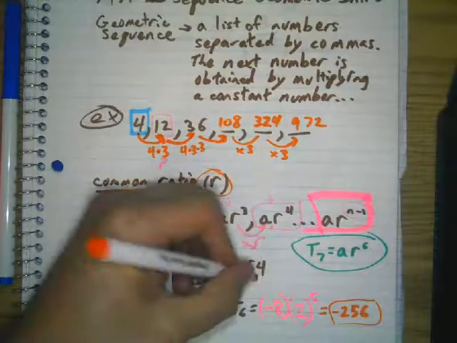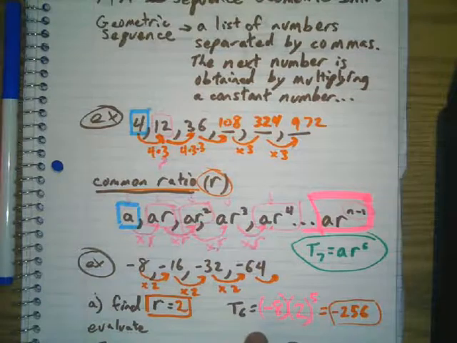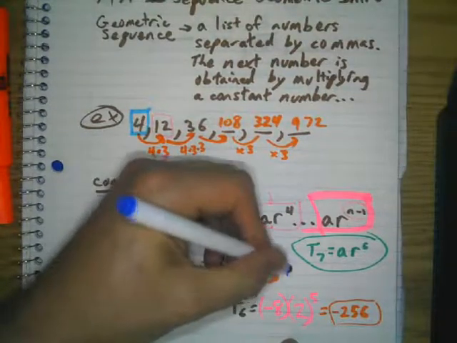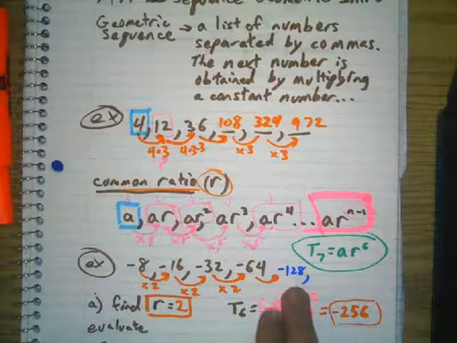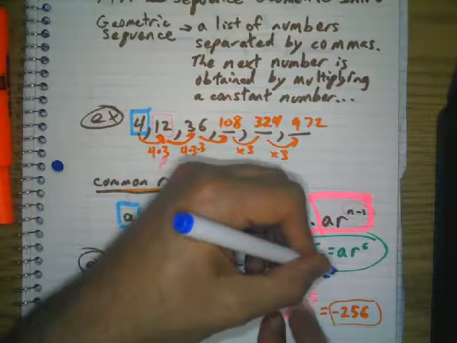If I multiply negative 64 times 2, I get negative 128. And if I multiply negative 128 times 2, I get negative 256.